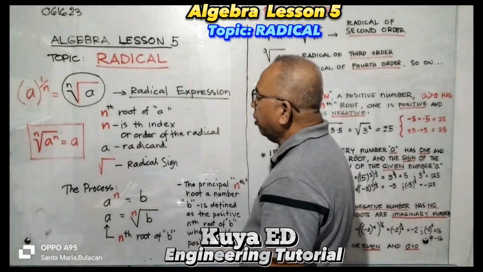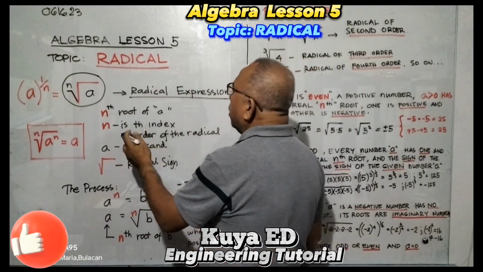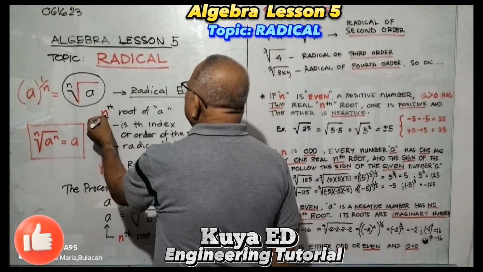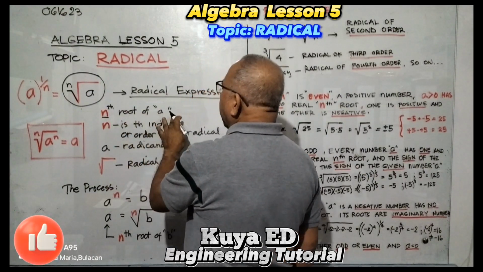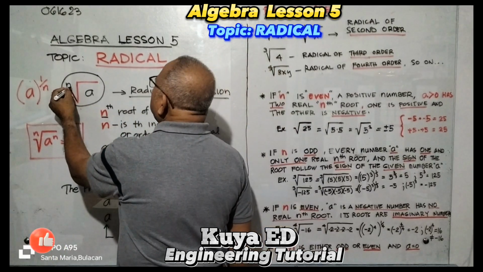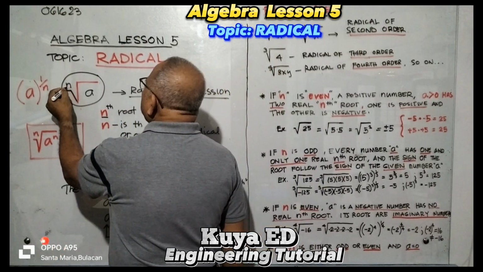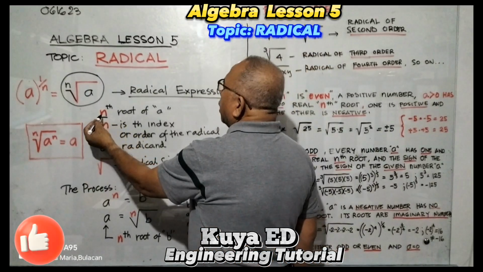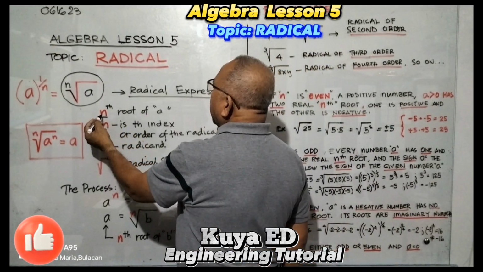So, ano ang mga element nito? We have the n or nth root of a. So, ito po yung n dito, atin ding tatawaging nth root. Express ito ng any order.